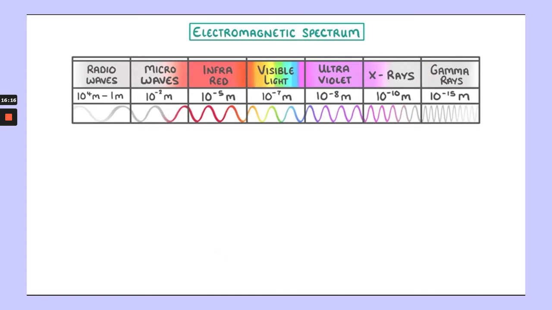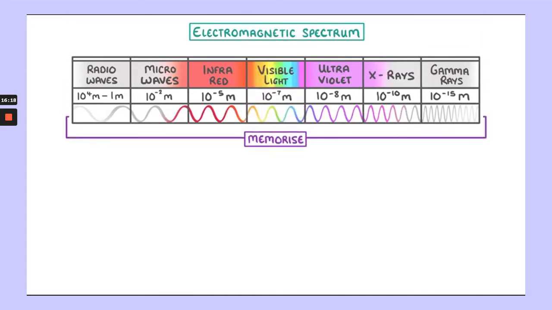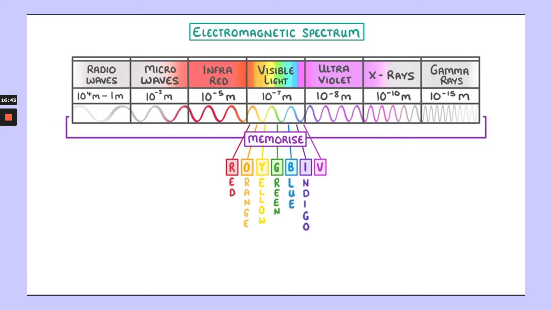Now, one of these slightly annoying things about this topic is that you need to memorize the order of all the different waves in the spectrum. Personally, I think the best way to do this is to start in the middle with visible light and work your way outwards. If you don't know the colors of the rainbow already, you can remember them as Roy, G, Biv, or red, orange, yellow, green, blue, indigo, and violet.